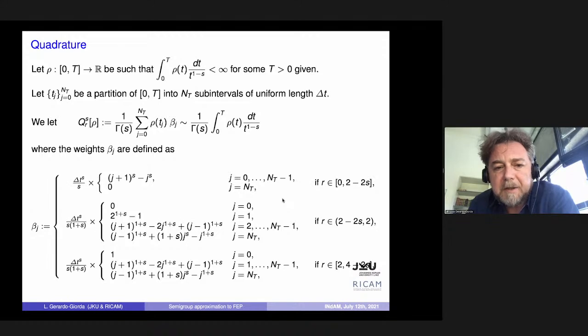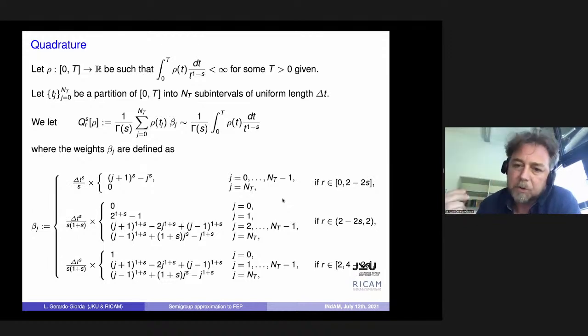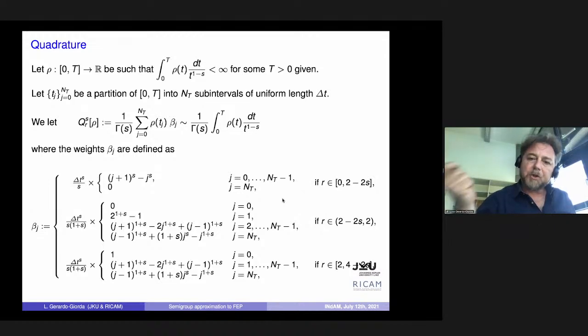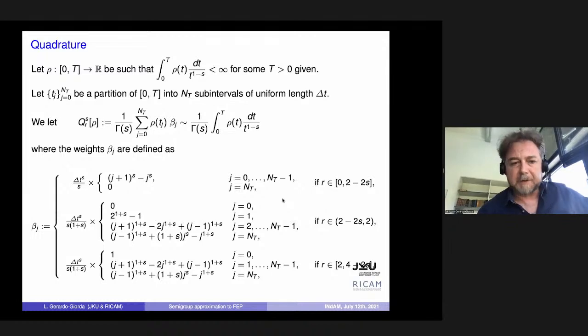The fact is that this quadrature rule actually depends on two parameters, not only on s, which is a natural parameter because we are dealing with a fractional operator of order s, but also on r. This r will become clear in a couple of slides, but it will depend on the regularity of the data that we are dealing with, which means that this quadrature is not a unique quadrature, as we had in the case of the direct calculation of the fractional Laplacian, but it's a quadrature for which we choose the weights according to the regularity of the right-hand side.